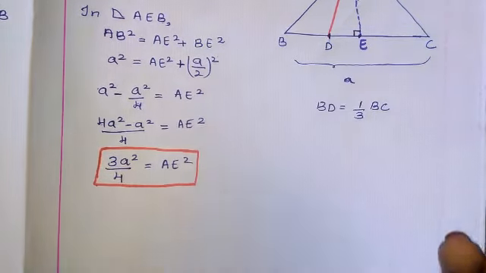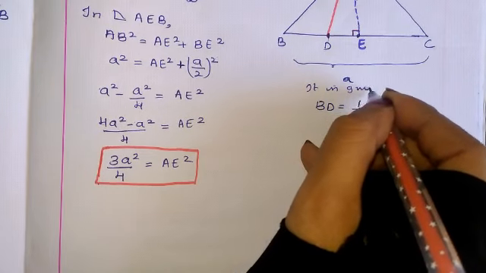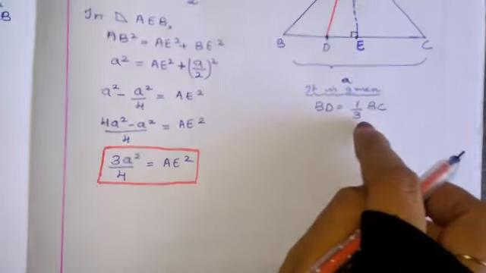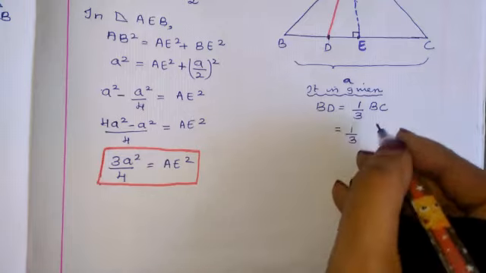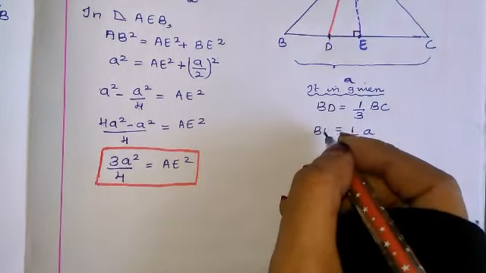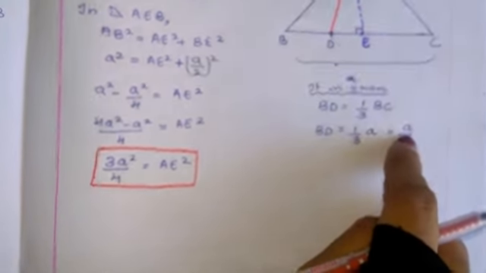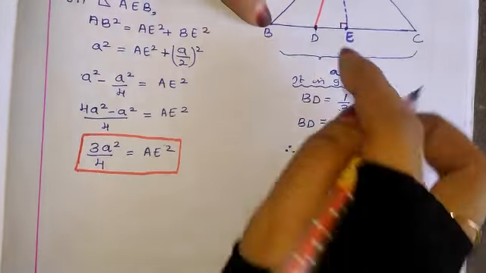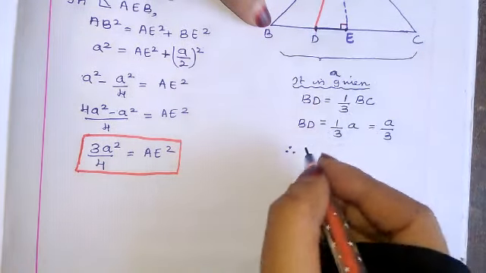BC is nothing but a, so BD is a by 3. BD value we got is a by 3. Now DE, this small part, we don't have.